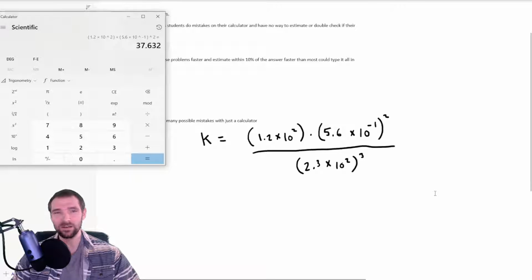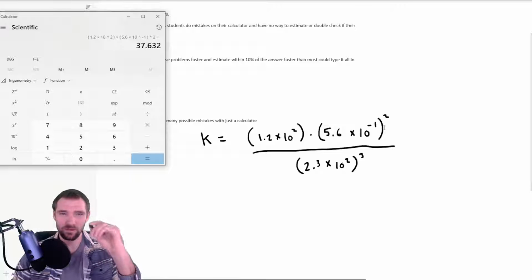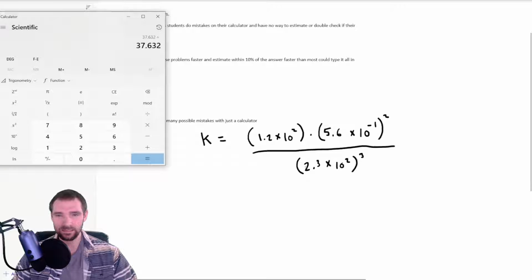You've got all these things that you're plugging in, and it's super easy to forget one of your operations. Also, if you get all of that in the top and then you try to divide by the bottom, and you forget to put this stuff in parentheses, you'll divide by 2.3, but you'll end up multiplying by the 10 up to the second power. It's very messy.